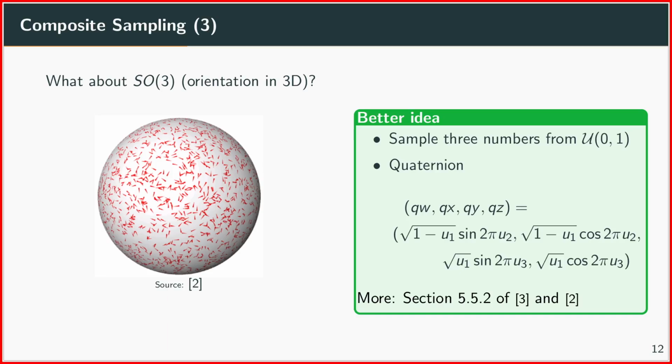If you want to know more about this, there's a nice exposé in the LaValle book about planning algorithms. This is basically the de facto standard of how you can sample efficiently and uniformly from rotations in 3D space.